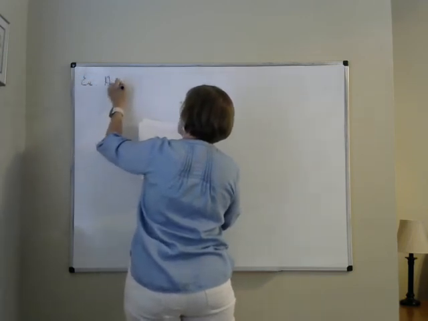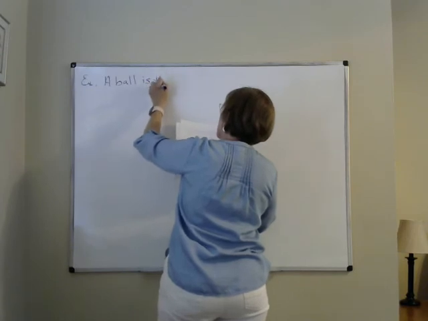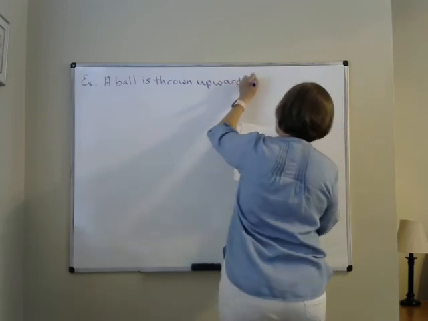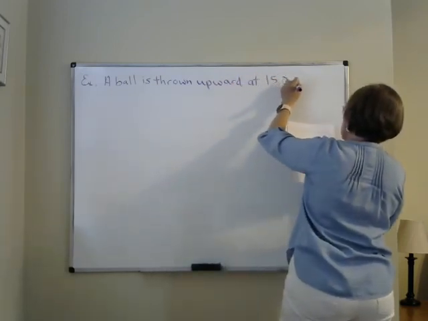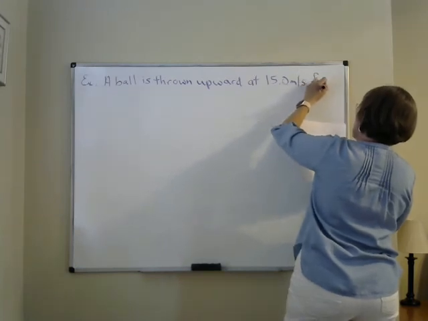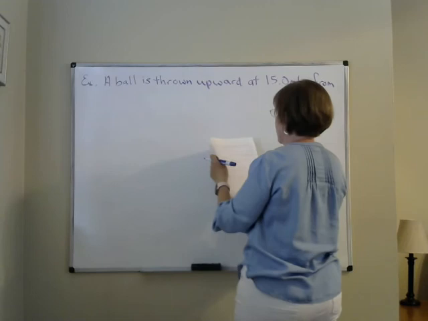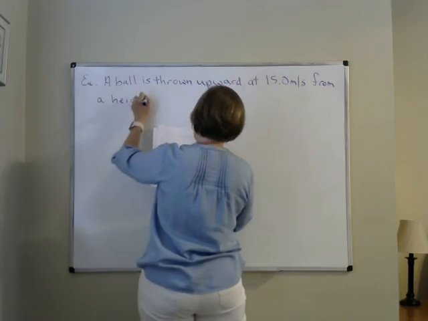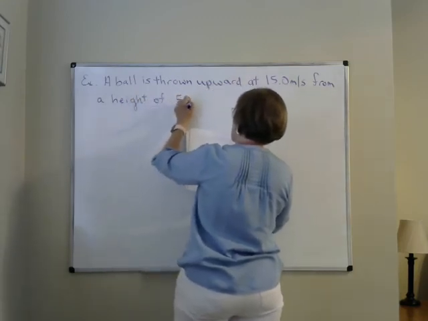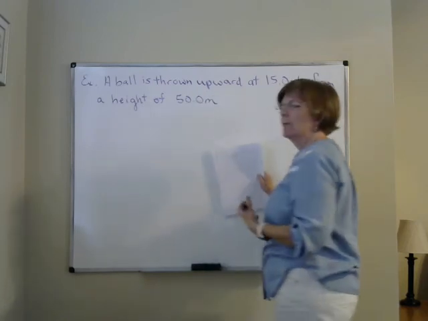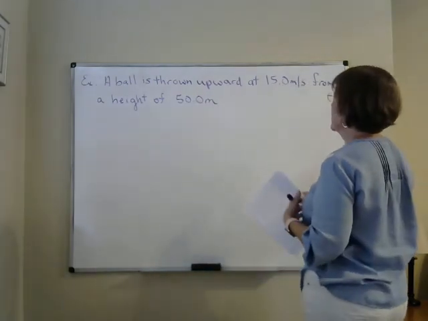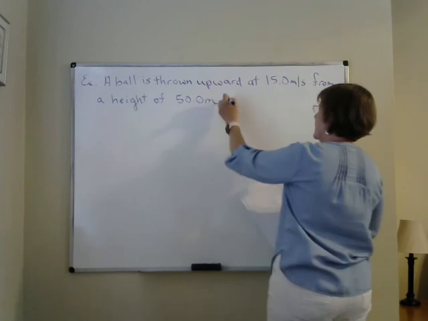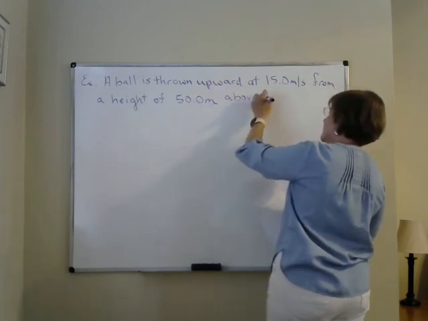This time a ball is thrown upward at 15 meters per second from a height of 50.0 meters. I left out the part where the boy is standing on a cliff, but I'm going to draw it in the picture. So we have a ball thrown upward at 15 meters per second from a height of 50 meters above the ground below.